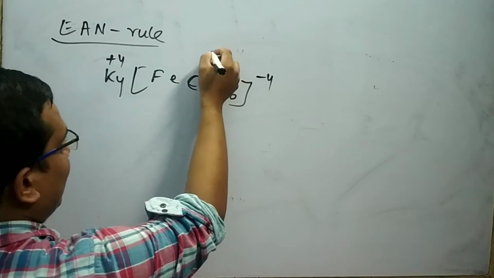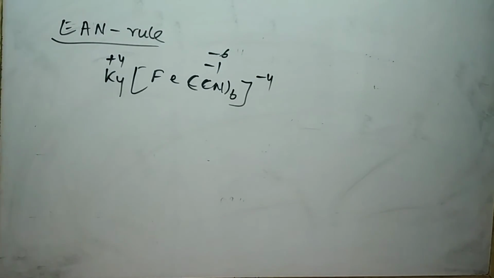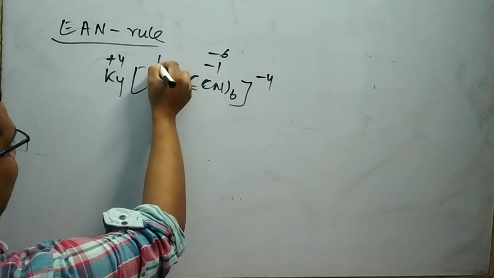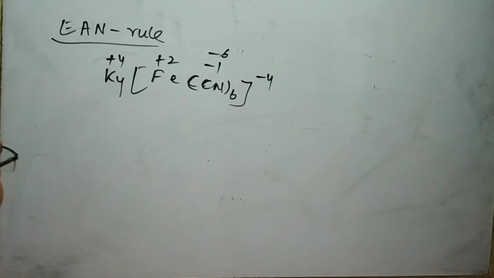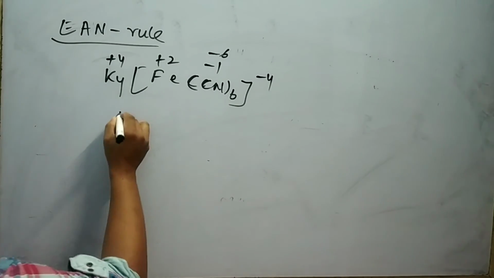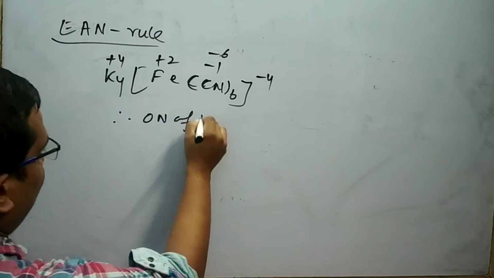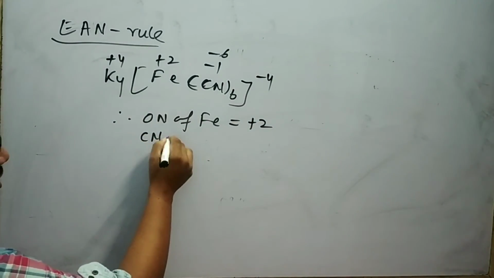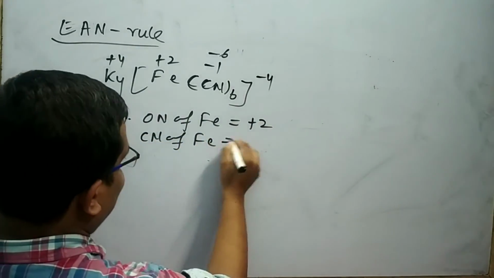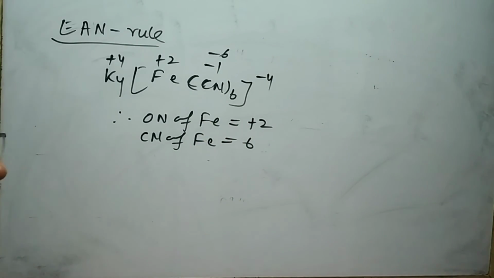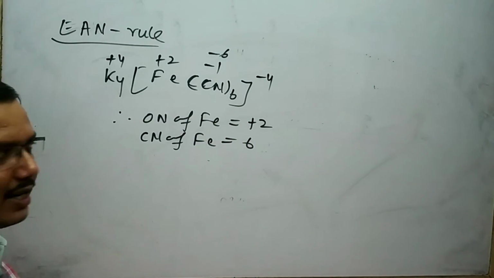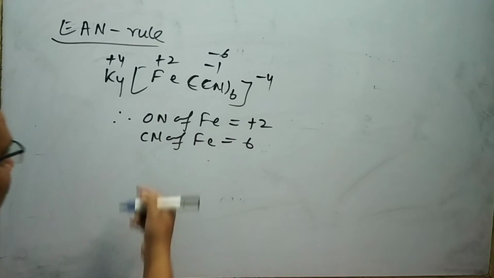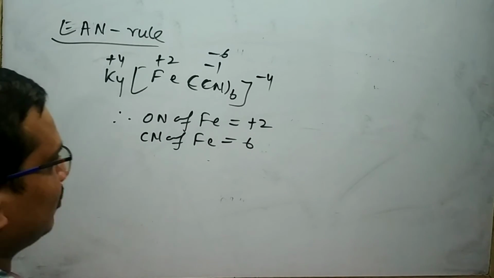So here I can write -6. As a result, iron having +2 charge. As a result, the oxidation number of iron is +2. Coordination number of iron is 6 because 6 ligands are present. The ligands are monovalent ligands. So the coordination number of iron is 6.